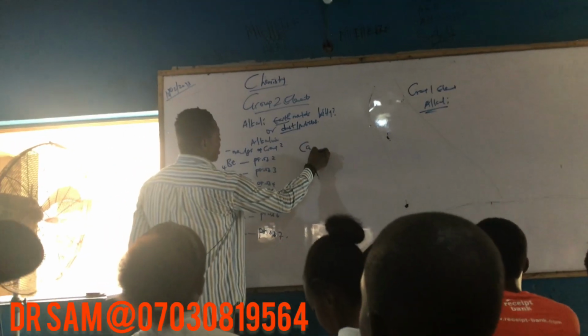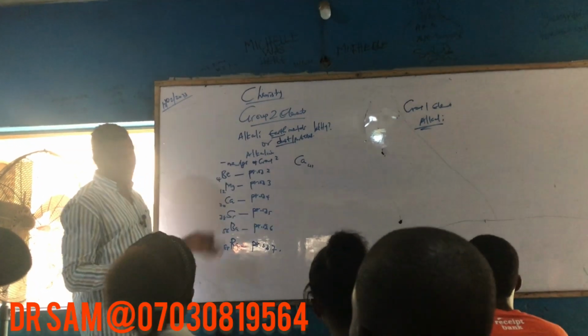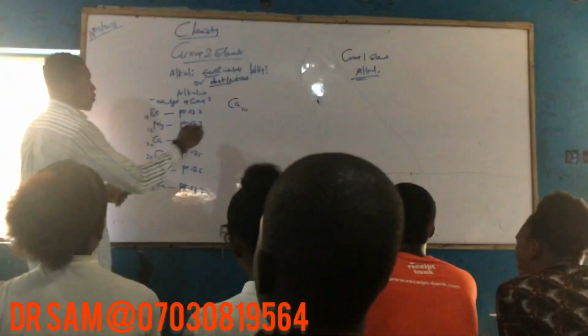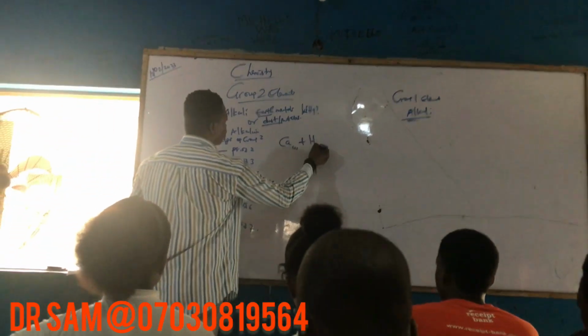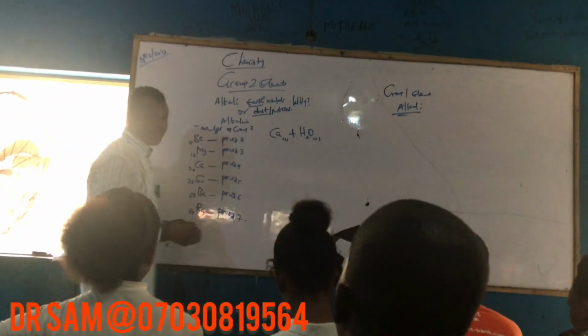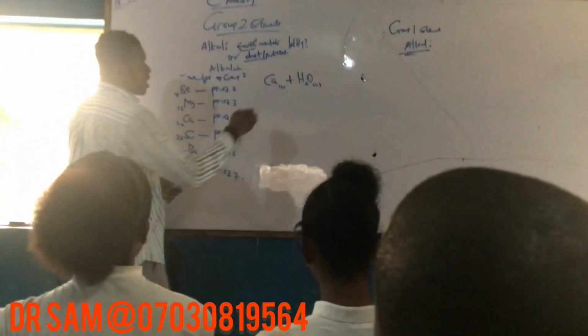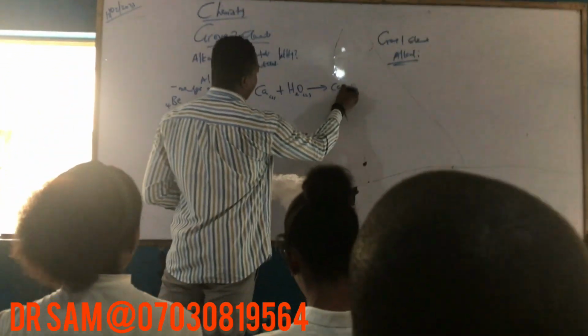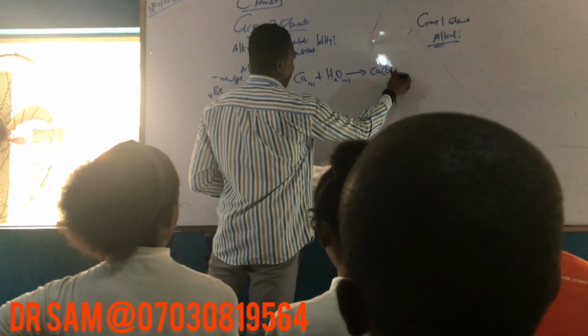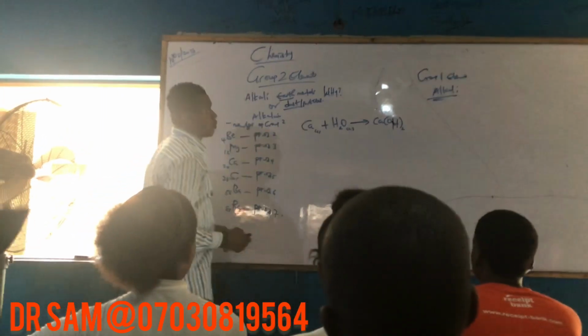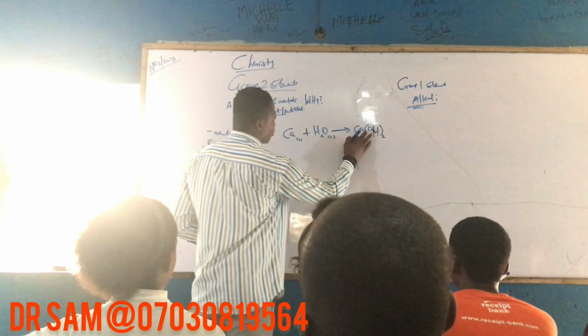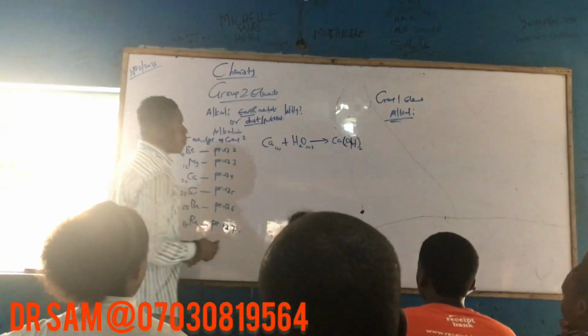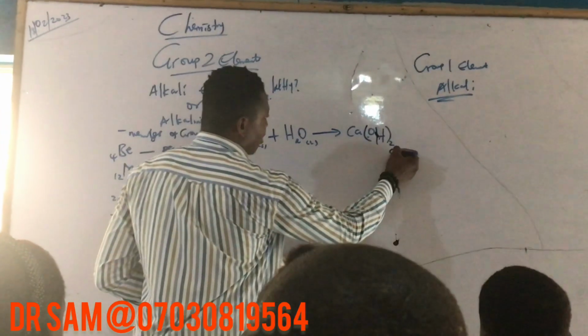Calcium is Ca, solid, that's the state. Metals are solid. Reacting with water, H2O, a liquid, L for liquid, to give us calcium hydroxide, Ca(OH)2. Calcium hydroxide, aqueous solution.